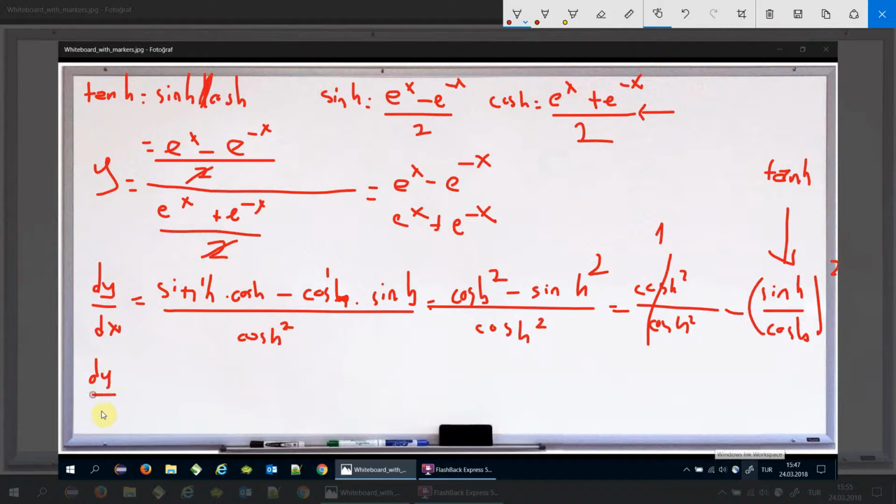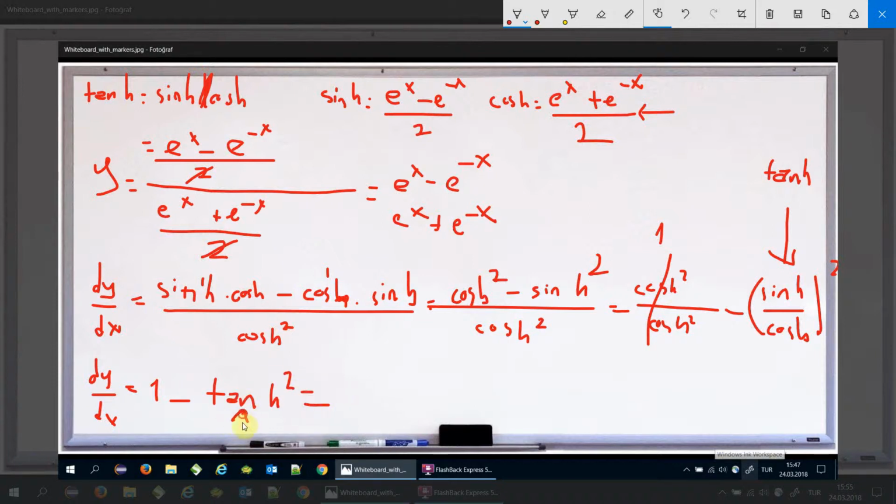I mean that the derivative of y with respect to x, in other words, the derivative of tanh with respect to x, is equal to 1 minus tanh squared.